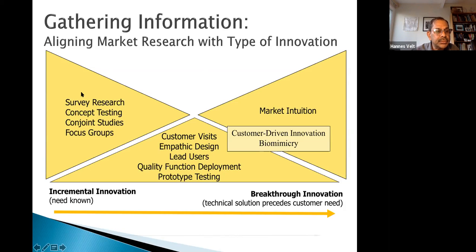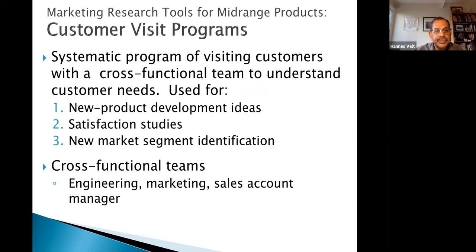Now, we could go into each of these techniques one by one, starting with a customer visit. The first thing to note is that a customer visit is not a sales call, nor is it a business development call. It is purely a customer research motivated call. What do we mean by that?